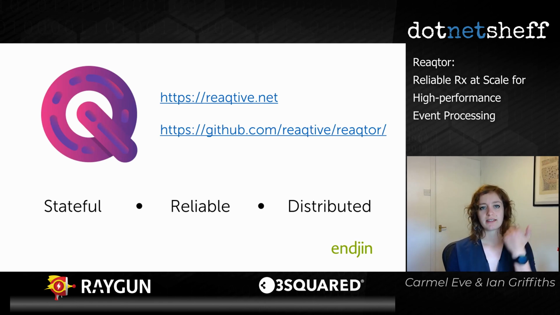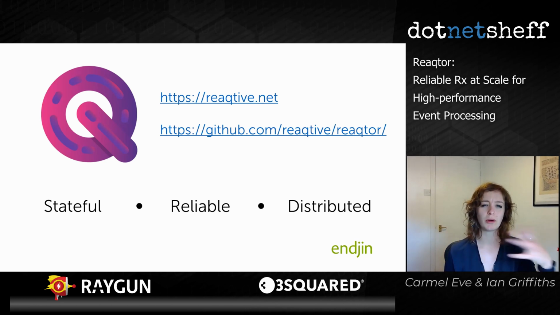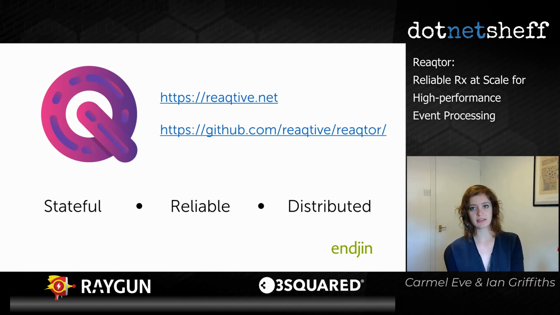So Reactor is a stateful, reliable, and distributed stream processing platform. And we've spent quite a lot of time over the past few years thinking about what exactly is a reactor-shaped problem. Reactor extends reactive extensions, or RX, which are a really good feature of .NET, built around reactive query processing.